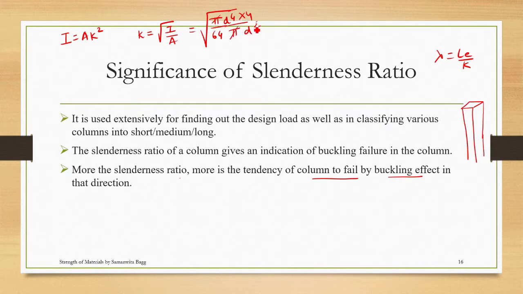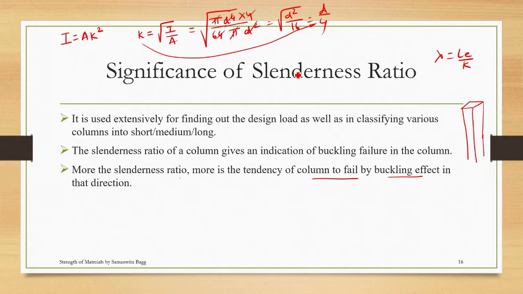So these get cancelled out and what remains is root of d square upon 16.